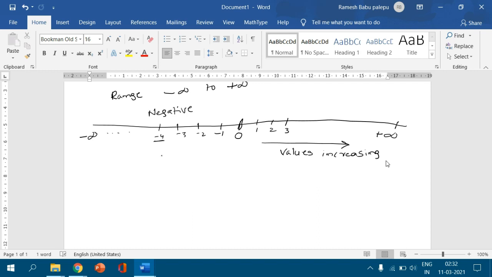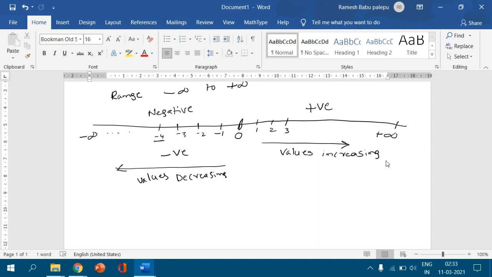These are the negative numbers which are on the left side of the zero. When we go from 0 to the left side, the values are decreasing. These are the positive numbers which are on the right side of the number line.